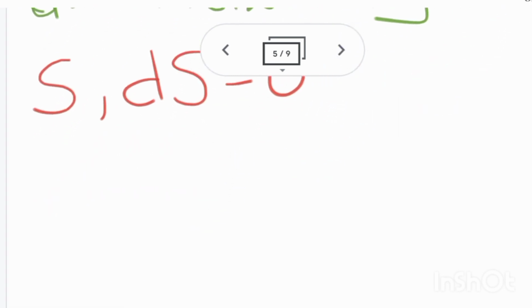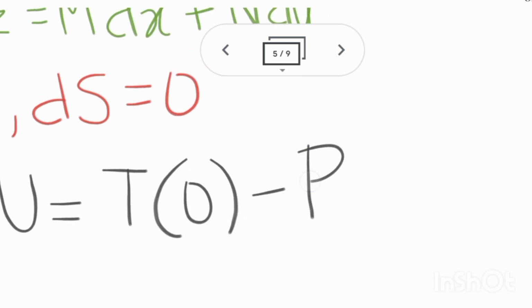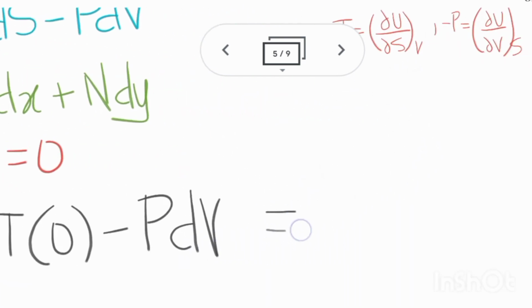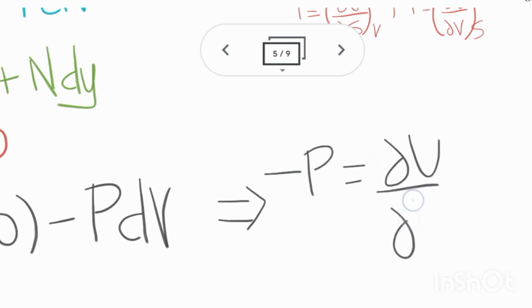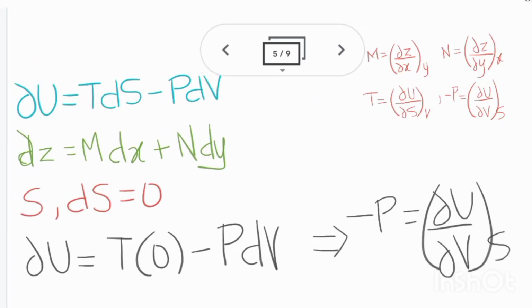Then my dU will be equal to T times 0 minus P dV. So in turn, minus P will equal ∂U/∂V at constant entropy, right? So the same is derived here also.